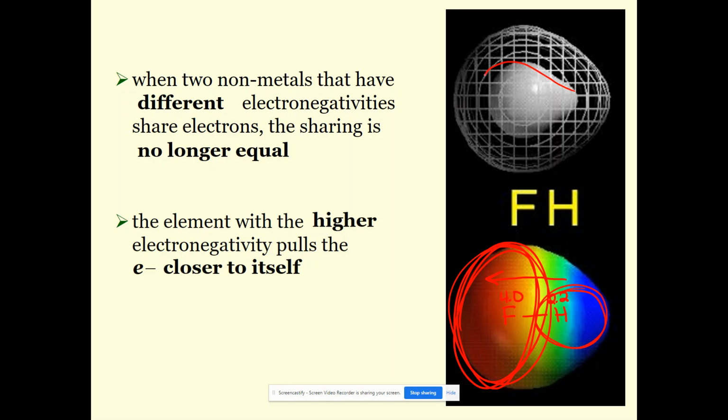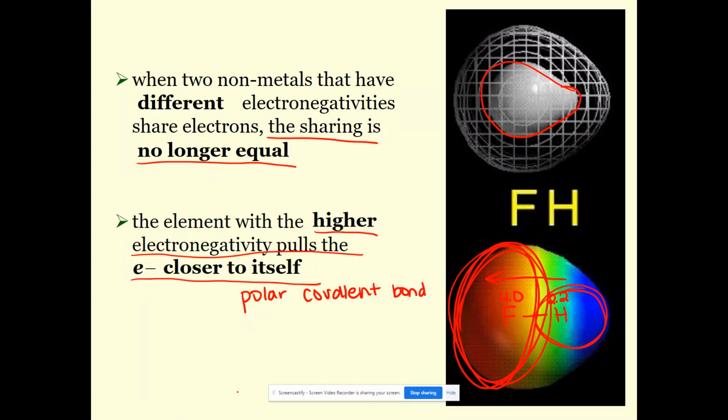That's what makes this lopsided looking bond, and this is called a polar covalent bond. The sharing is no longer equal. The element with the higher electronegativity pulls the electrons closer to itself. So we have a buildup of negative charge here, which leaves us with a buildup of positive charge here.